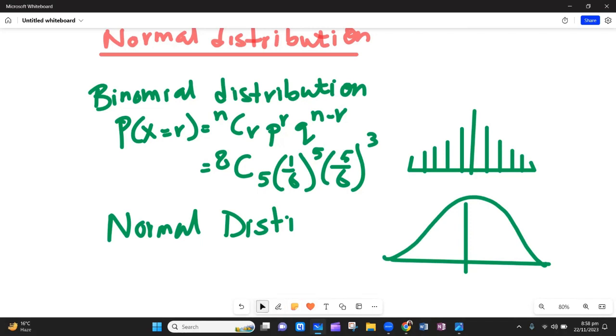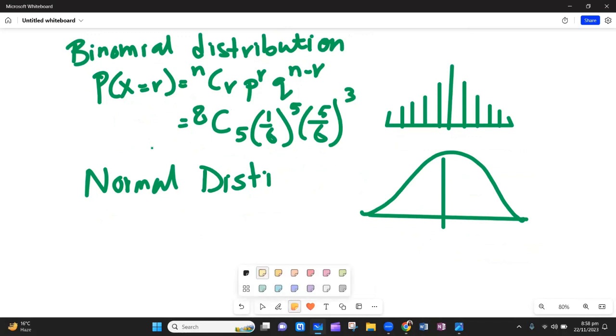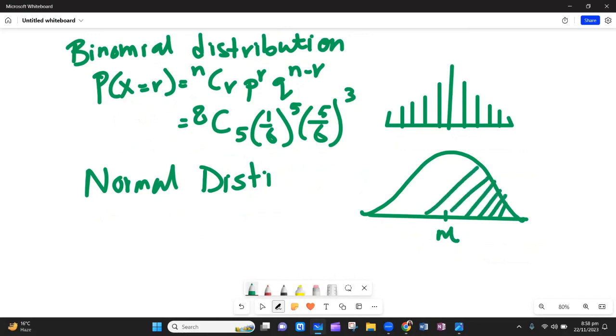This value in the middle is the mean of the distribution. The area under the graph represents probability.